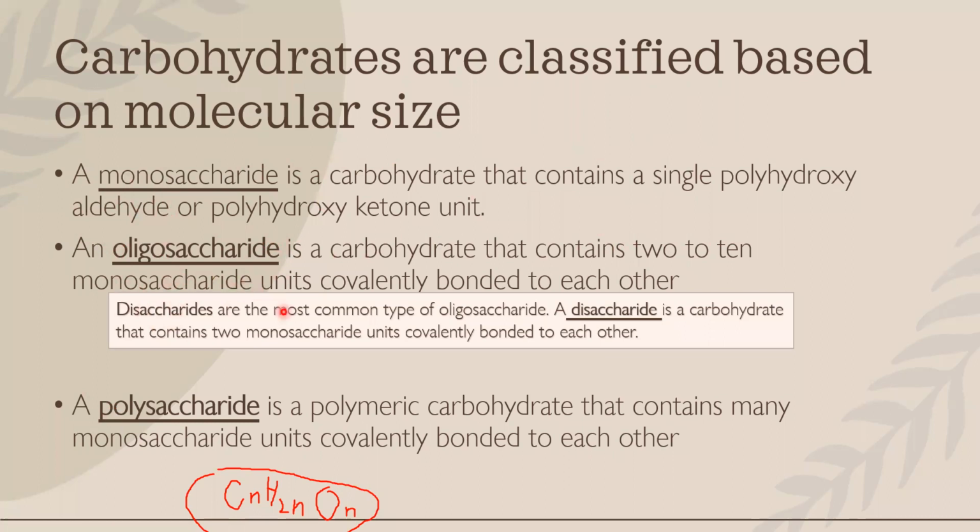These are the most common type of oligosaccharides. These are carbohydrates which contain 2 monosaccharide units covalently bonded to each other. And lastly, we have polysaccharide, which is a polymeric carbohydrate that contains many monosaccharide units covalently bonded to each other.